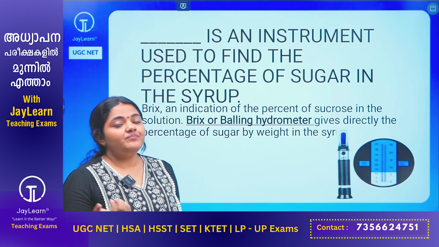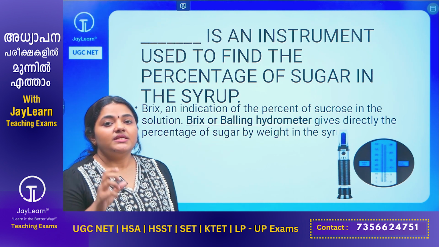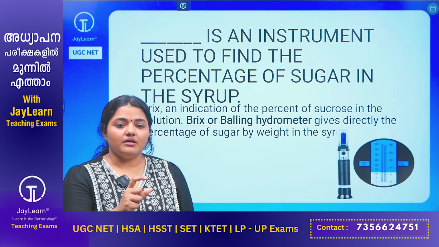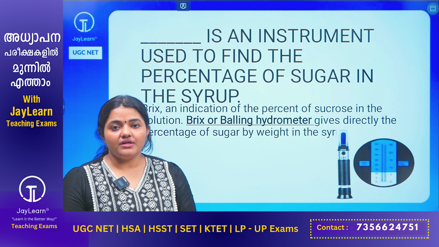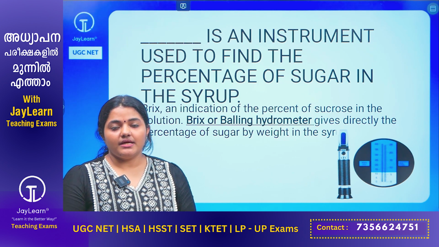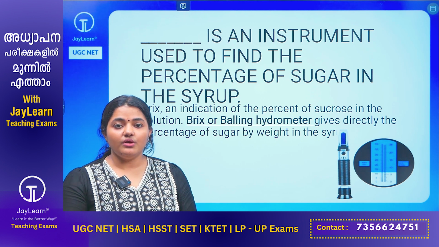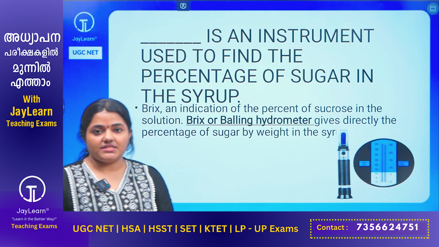We look into the sugar concentration. That value is known as brix. The referred value for brix, that is the sugar concentration, differs for different food, like ketchup, jam and all. Each food product has its own brix value, which is recommended by the FSSAI.